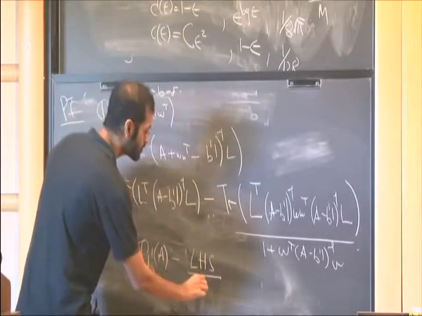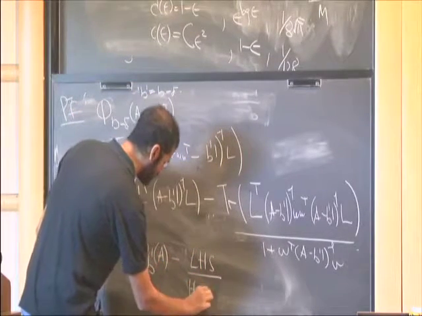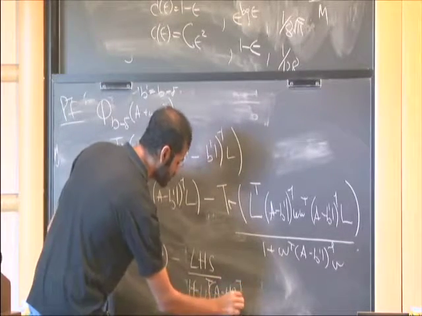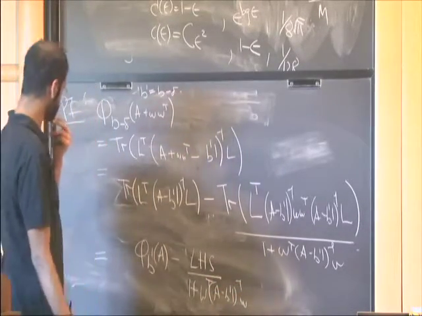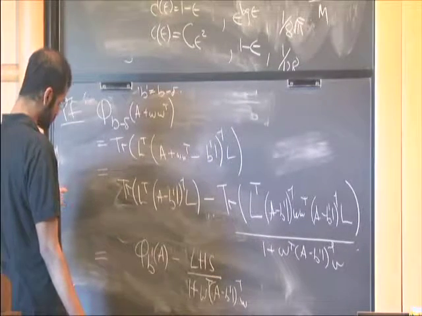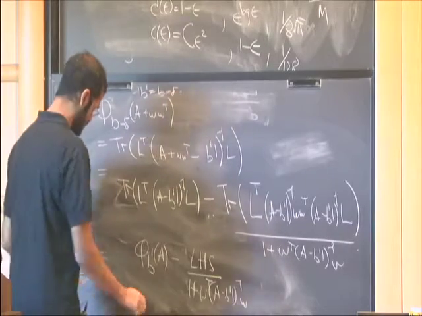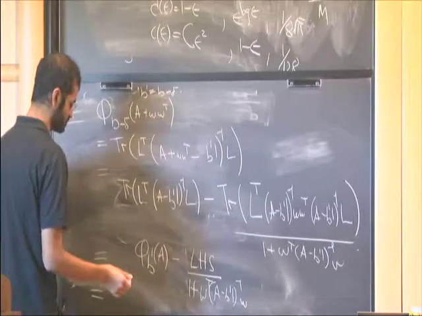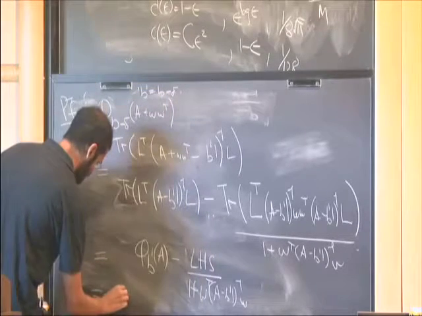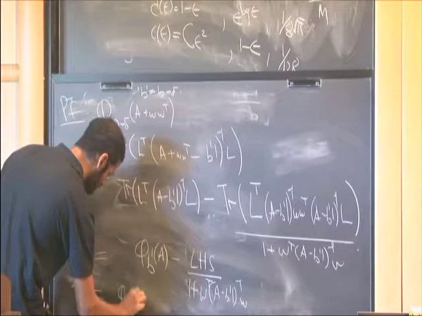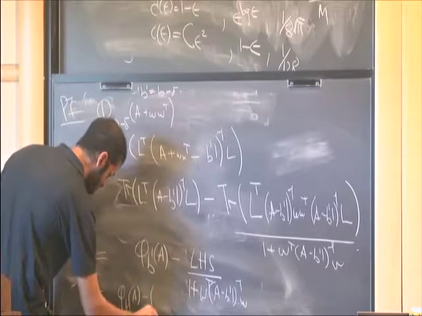Okay. So here I get 1 plus W transpose (A minus B prime I) inverse W, right? Now, this thing is equal to, so what is phi B prime of A? Well, it's phi B of A minus the difference.